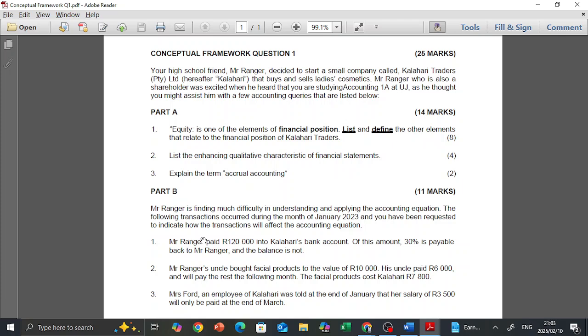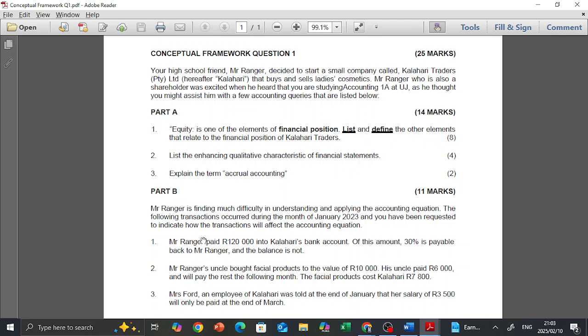The accounting equation is assets equals equity plus liability. Yes. Samkelo said assets equals liability plus equity. Same thing, guys, if you know basic maths. Someone came with a different one. It is correct, but this is not the accounting equation you should follow.